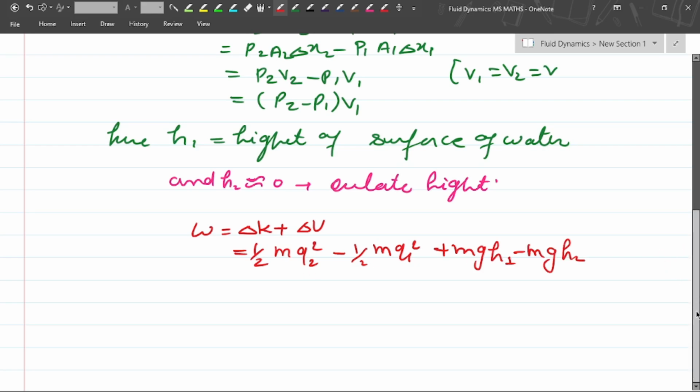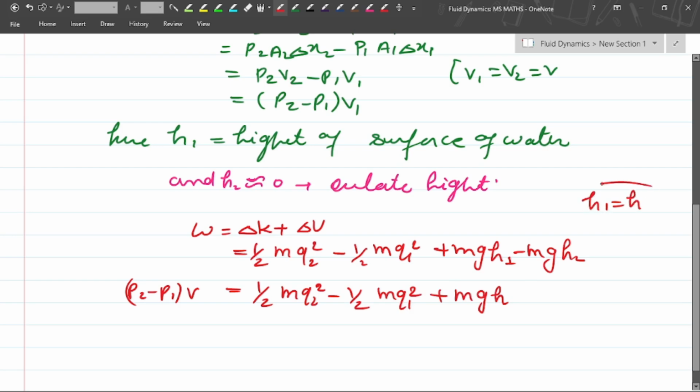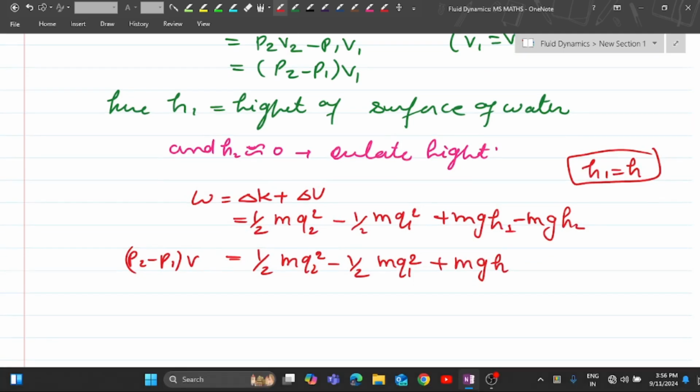Here h2 is 0, so basically it will be 1 by 2 m q2 square minus 1 by 2 m q1 square plus mgh, which equals (p2 minus p1) into v, where h1 is basically h.